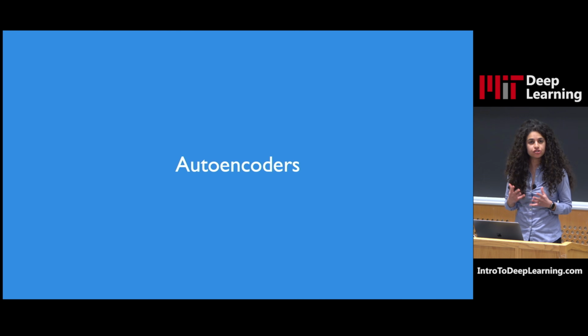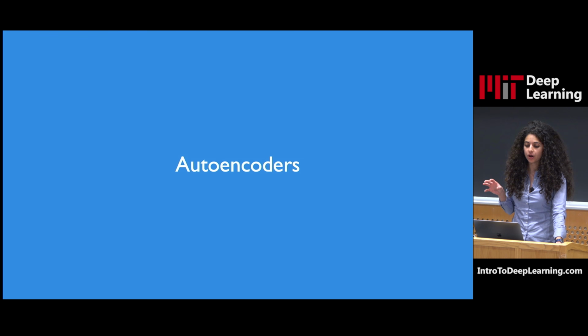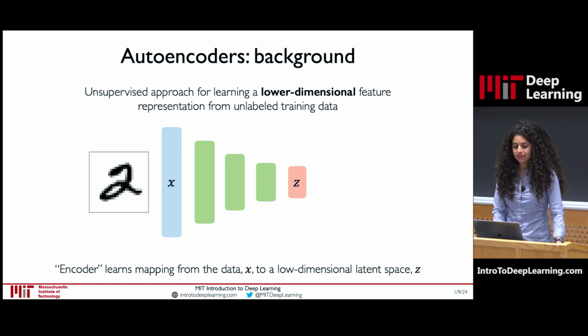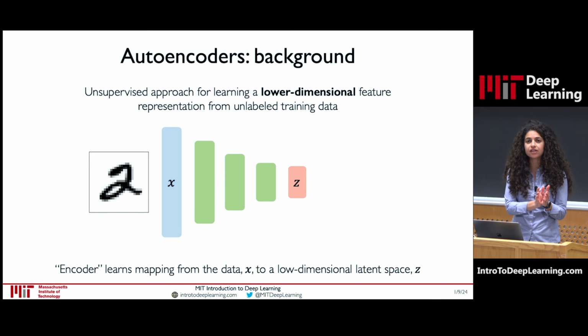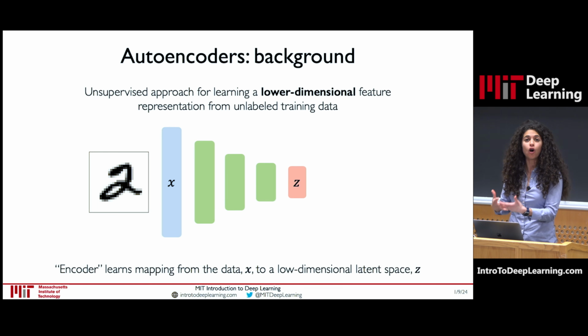So to get at a sense of how we can do this from a deep learning neural network architecture framework, we're going to start by talking about a really simple generative model that we call an autoencoder. And the notion here is that we can take data and try to learn a lower dimensional encoding, some set of features that hopefully represents that data faithfully.